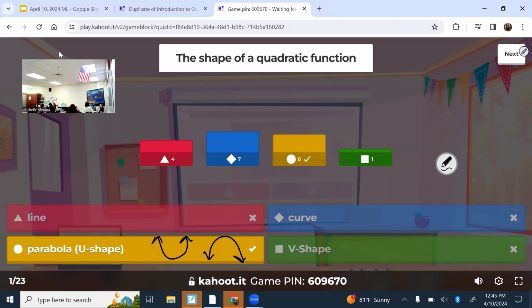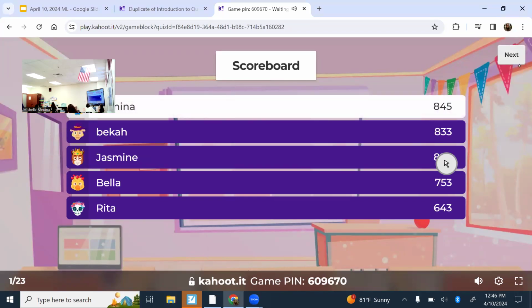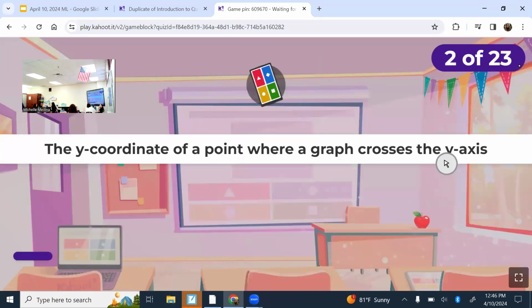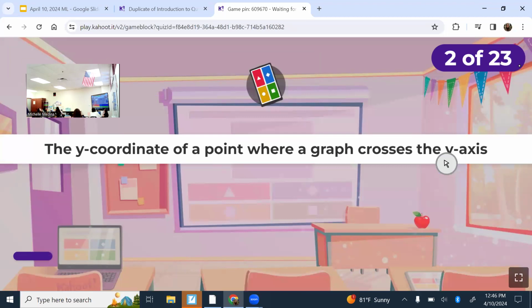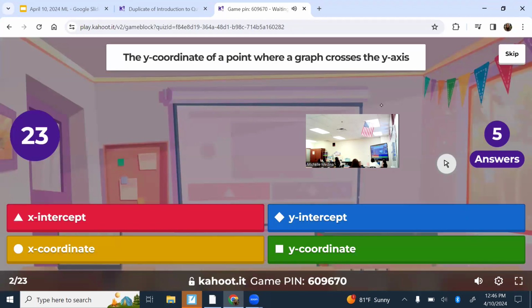Miss Medina. Okay, so then on to the next one. On a side note, V-shaped graphs are absolute value functions, but we don't really do much with those this year. Okay, the y-coordinate of a point where a graph crosses the y-axis is called what?